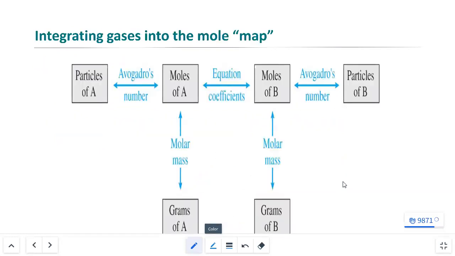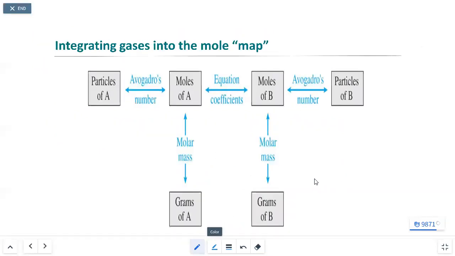And so if we come back to this image, throughout some of the chapters, chapter 8, we added some boxes related to molarity and solution concentration. We can add some boxes here as well.